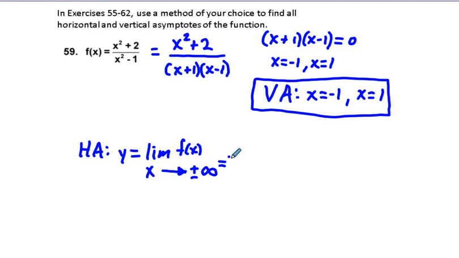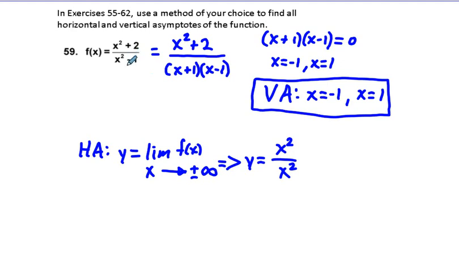And for us in this case, we're going to have y is equal to, now what we have to do is take the highest powers of x in both the numerator and the denominator, so we're going to get x squared over x squared. And why do we ignore in the numerator this plus 2 and the denominator this negative 1?